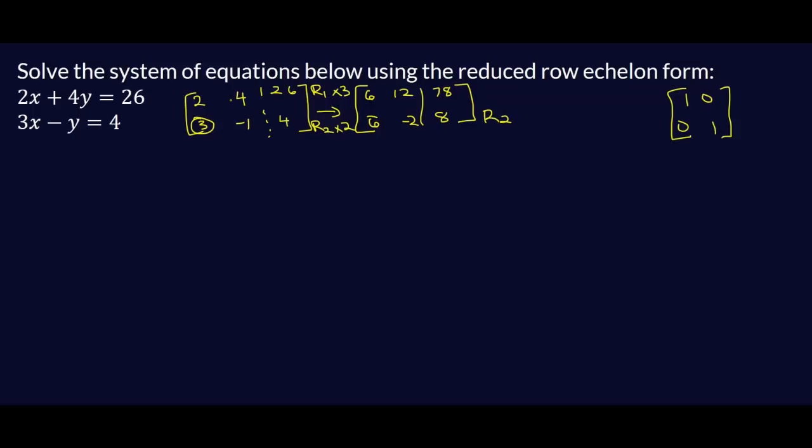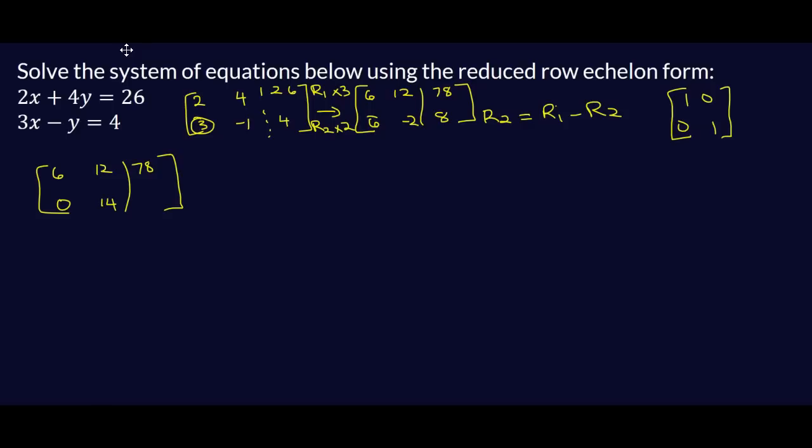So we can say row 2 is equal to row 1 minus row 2. That's a lot better. So we're going to keep row 1 the same as what we have here. So we have 6, 12, and then 78. And then we have 6 minus 6 is 0. 12 minus negative 2 is 14.